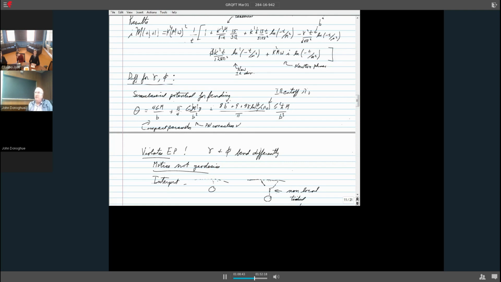But you're not local anymore. You're not at the same point. You're not at the point where the classical geodesic would have followed. You're at some different point. So this is some non-local effect. I tend to call it tidal effects. Tidal effects are ones where the object has a big spatial extent, but you can't remove this.